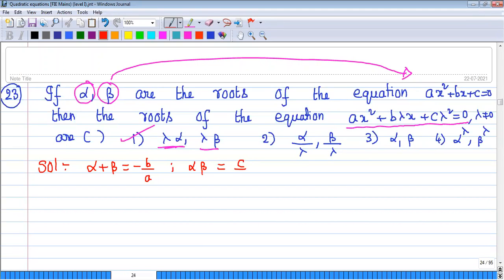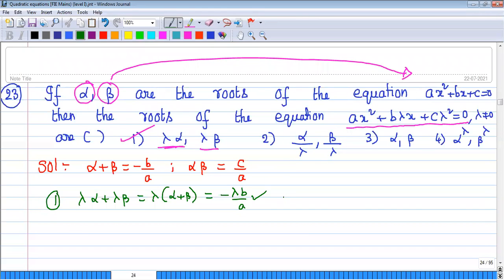Verification starts. First option. Now you check the sum of the roots: lambda alpha plus lambda beta, lambda common, lambda into alpha plus beta, that is equal to lambda into minus b upon a. So the sum of the roots is minus lambda b by a.